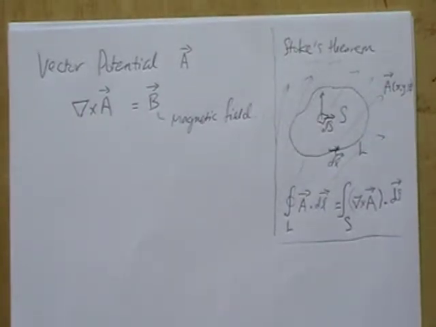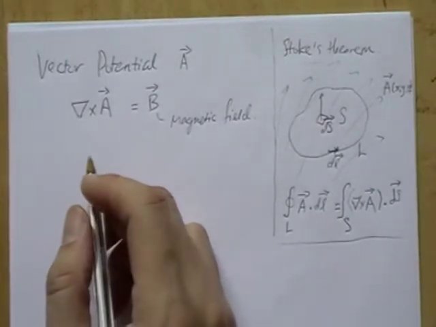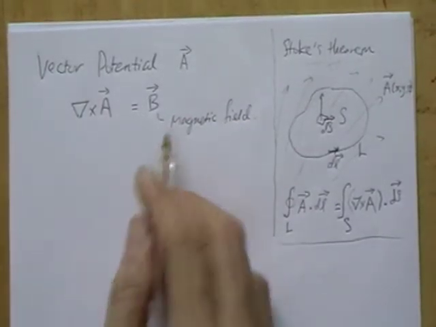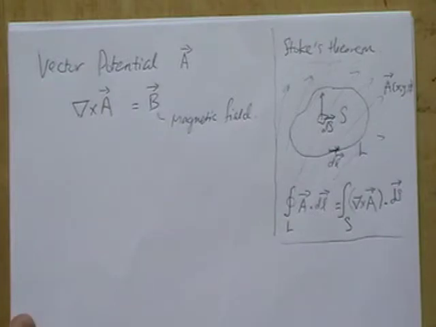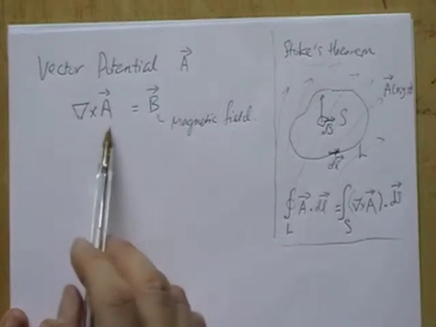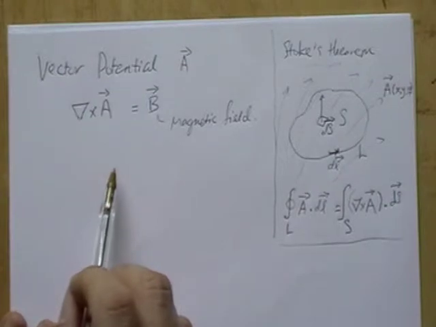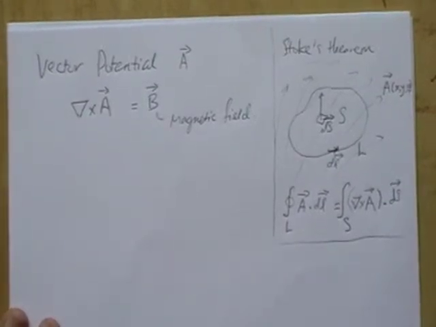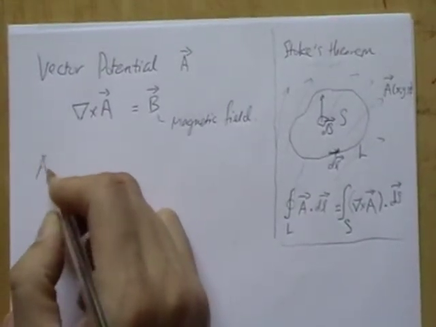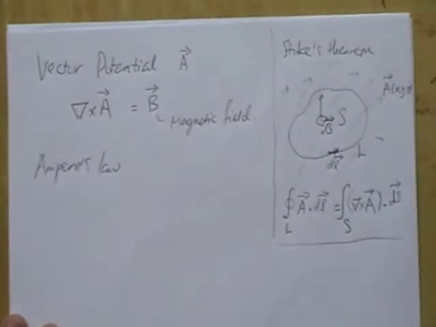So let's start with the Maxwell equations that we need. The first thing that I'm going to look at is to see how we can visualize A in the same way as we would visualize a magnetic field. So let's start with Ampere's law, one of the four Maxwell's equations.